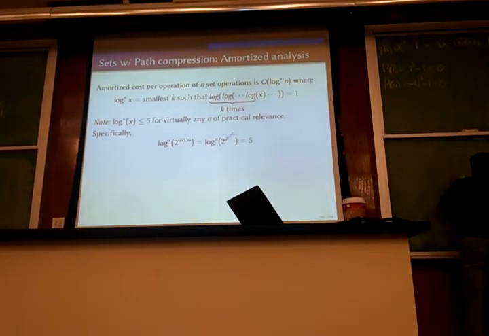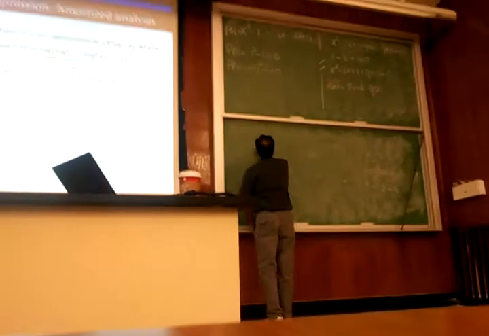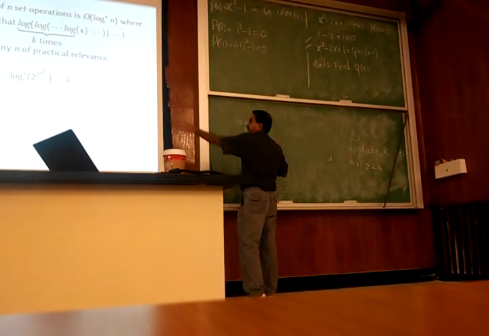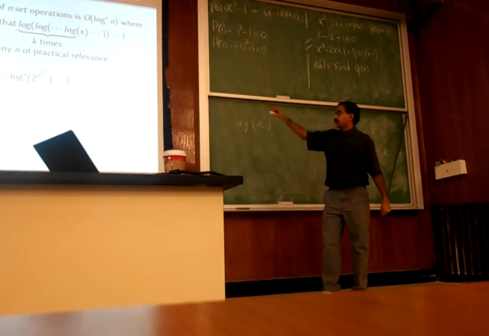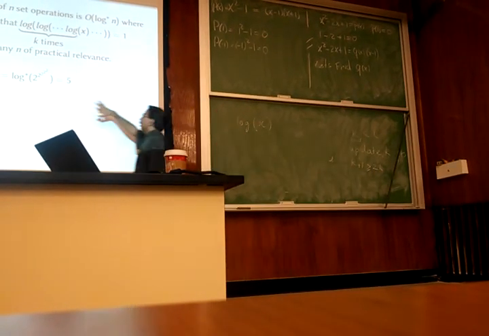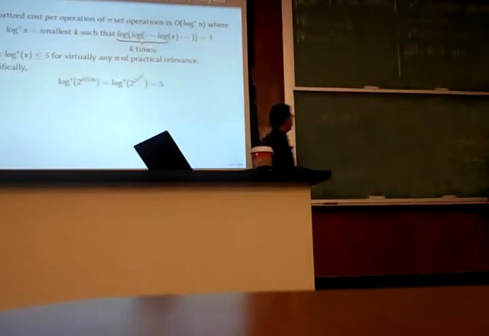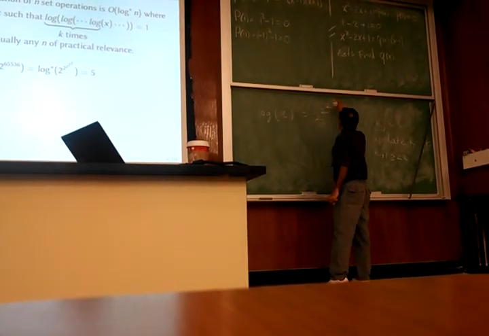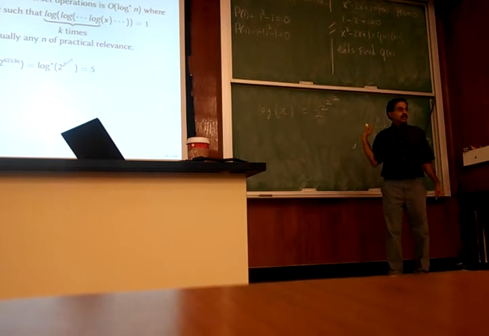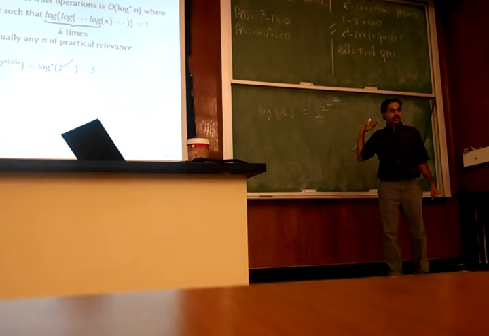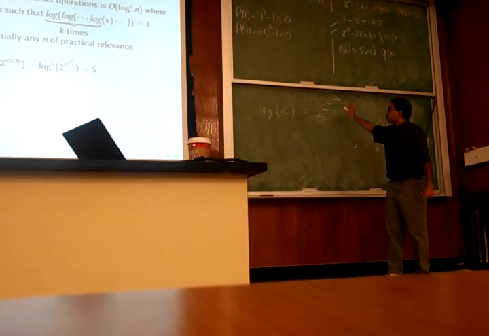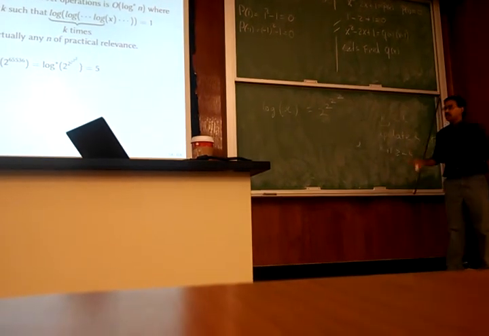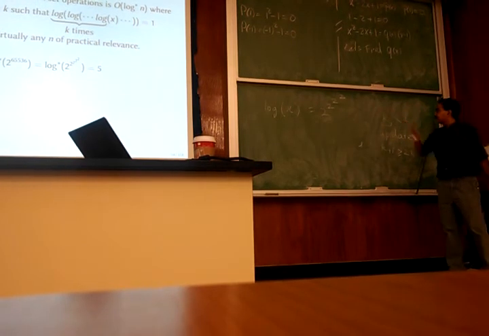Okay, let's write it down. So let's say x is 2 to the power this quantity. So log of x is going to be, log just picks out the exponent. So we have 4 2's stacked on top of 1 2, so we just take that out and we get this.